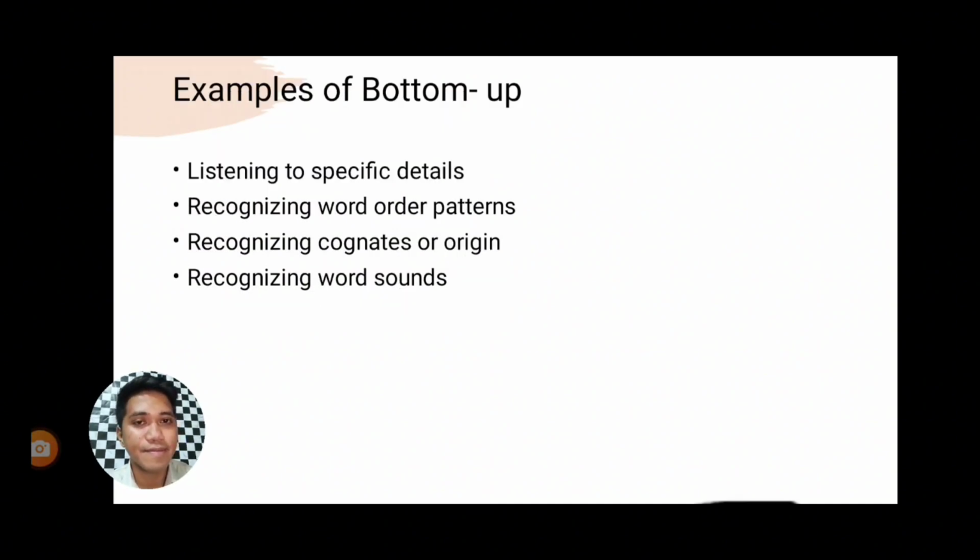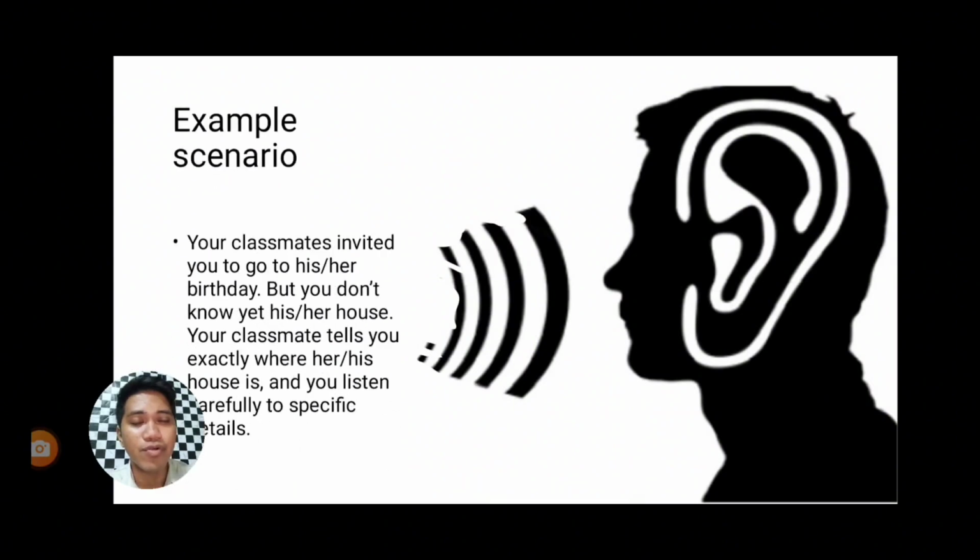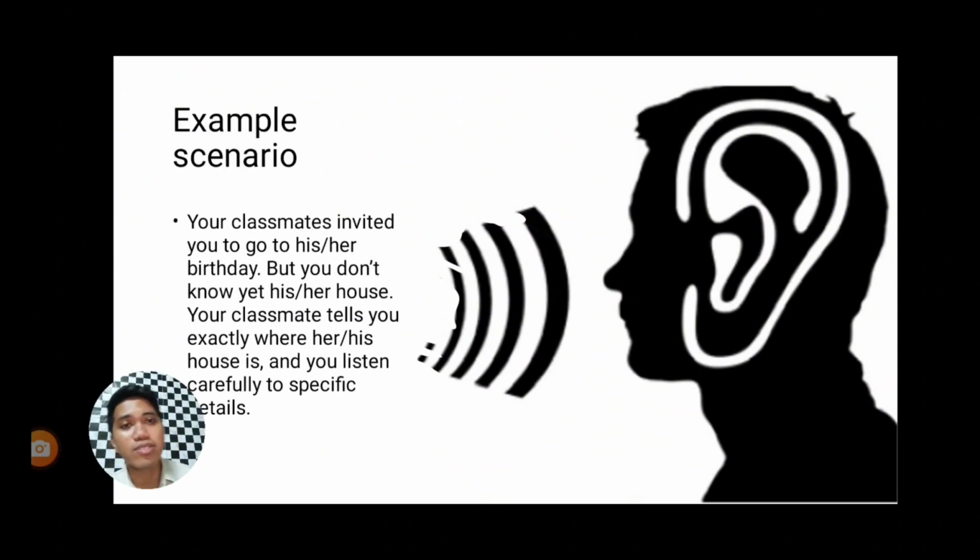Next is the example scenario of the bottom up strategy. Like for example, your classmate invited you to his or her birthday, but you don't know yet his or her house. So your classmate tells you exactly where her or his house is, and you listen carefully to specific details.